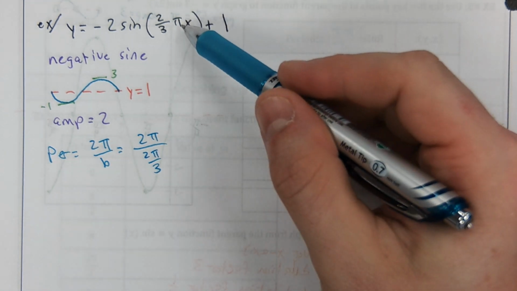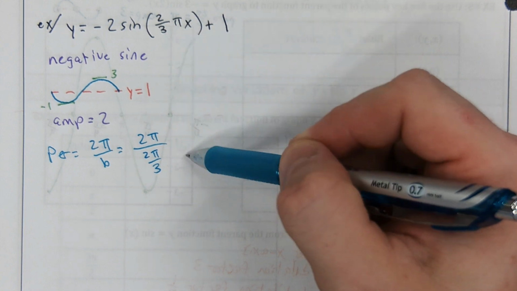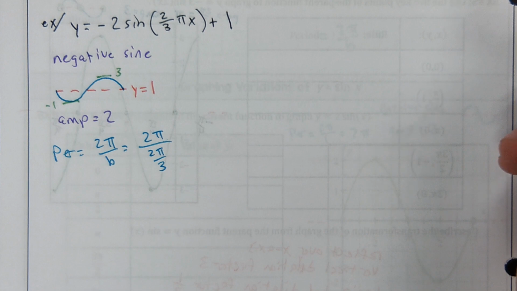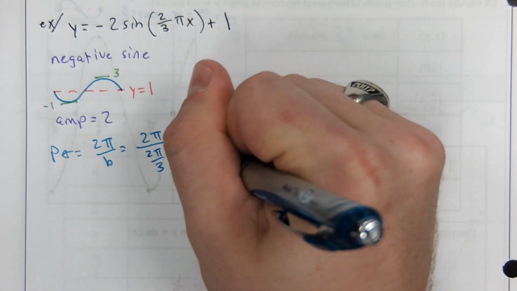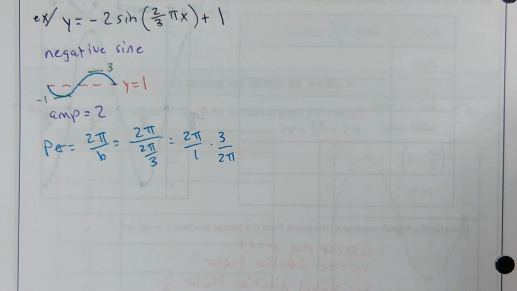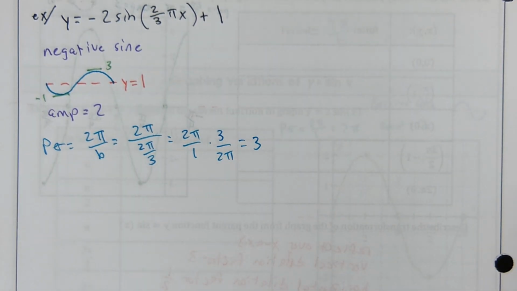Remember, you could take a number off the top of a fraction and put it on the side of the fraction. So that's why I was allowed to say 2/3 pi is the same as 2 pi over 3. When you divide by a fraction, keep, change, flip. So you have 2 pi over 1 times 3 over 2 pi. The 2 pi's cancel. My period length is 3.